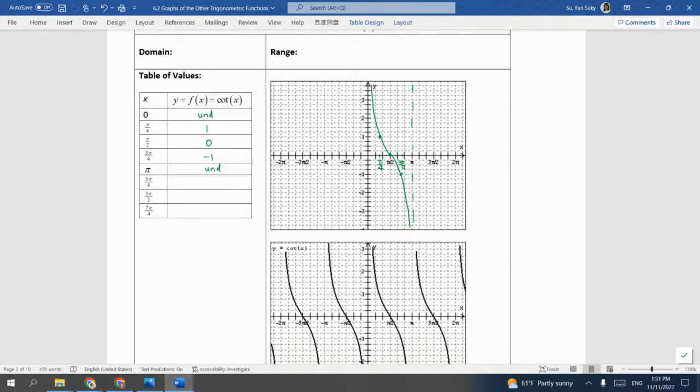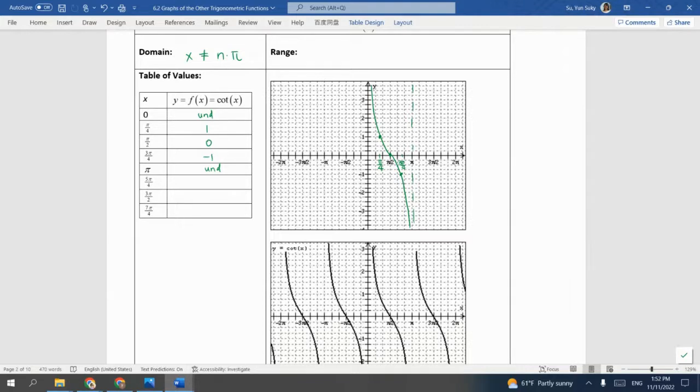Domain. Do you see the vertical asymptotes? X cannot be 0, x cannot be pi, x cannot be negative pi. So for the domain, x cannot be n times pi. Right? That's the domain.